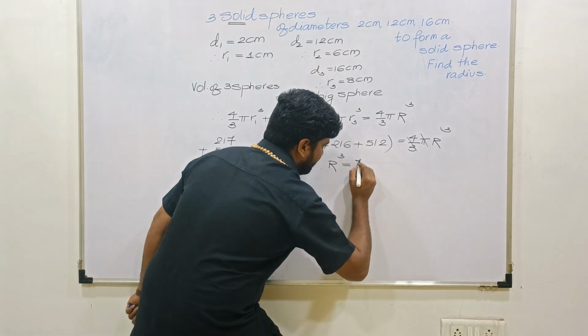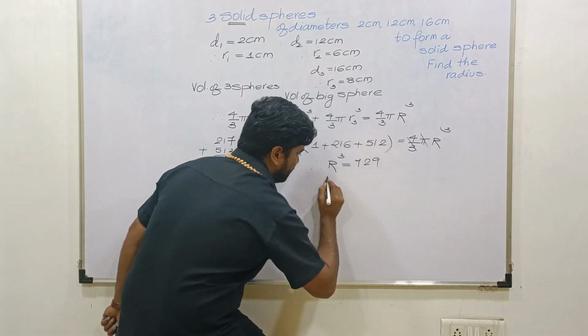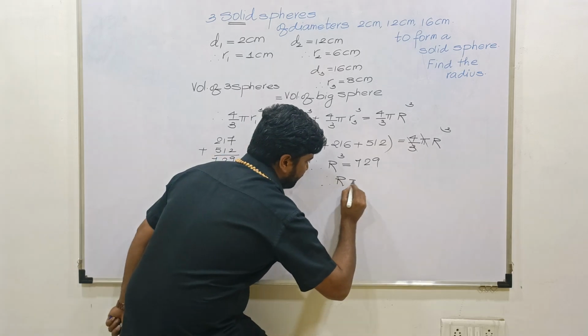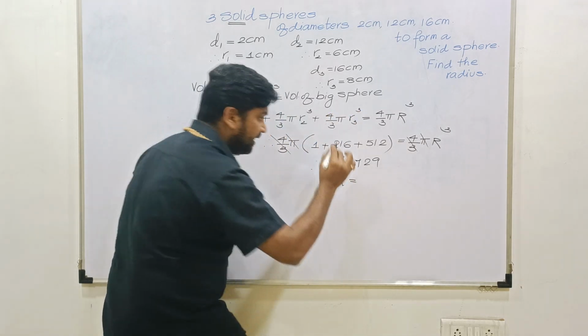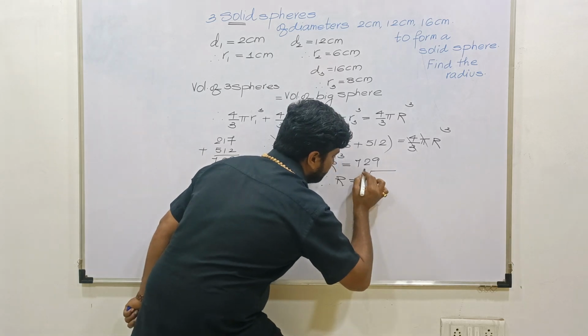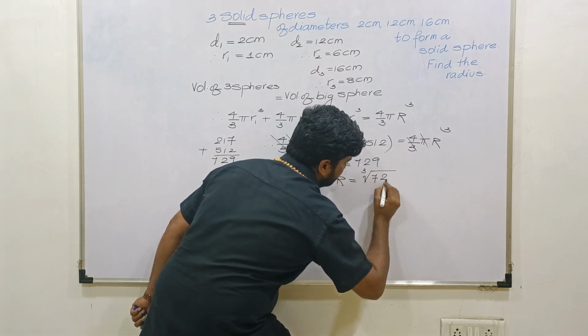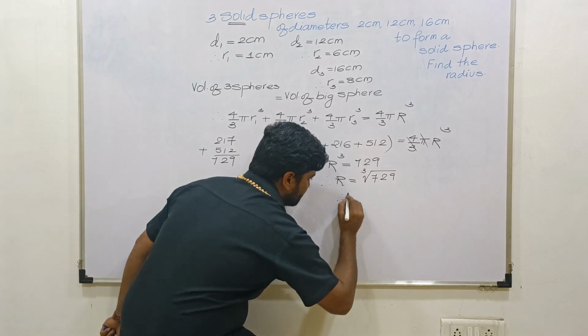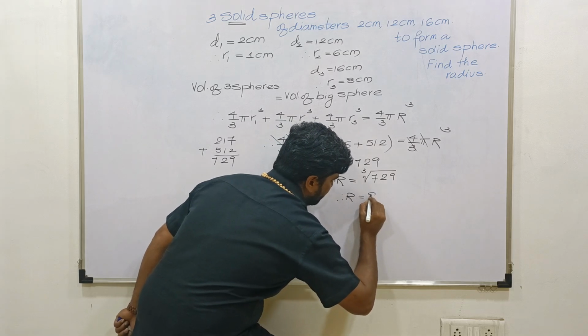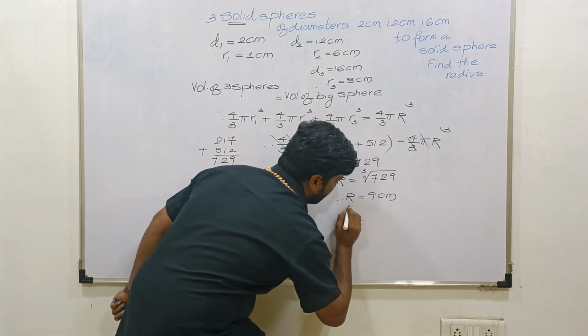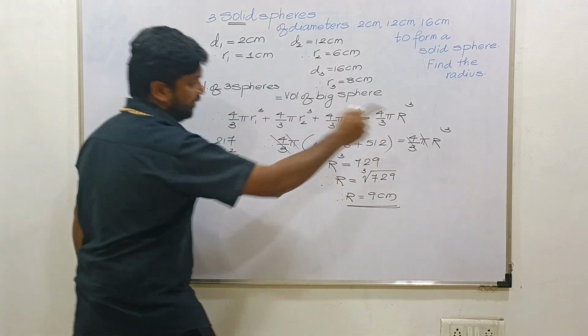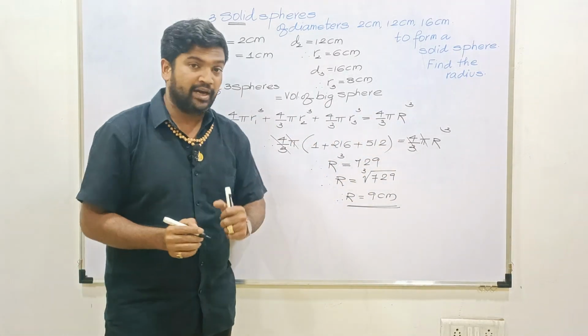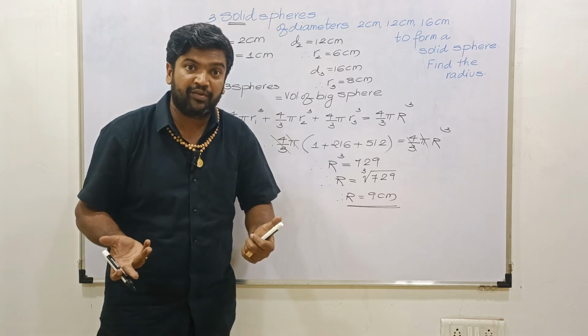So I'll write R cube is equal to 729, and if you remove the cube over there, I'll be getting cube root of 729. So cube root of 729 is how much? 9. So what is the radius of that new big sphere? That is 9 centimeter.